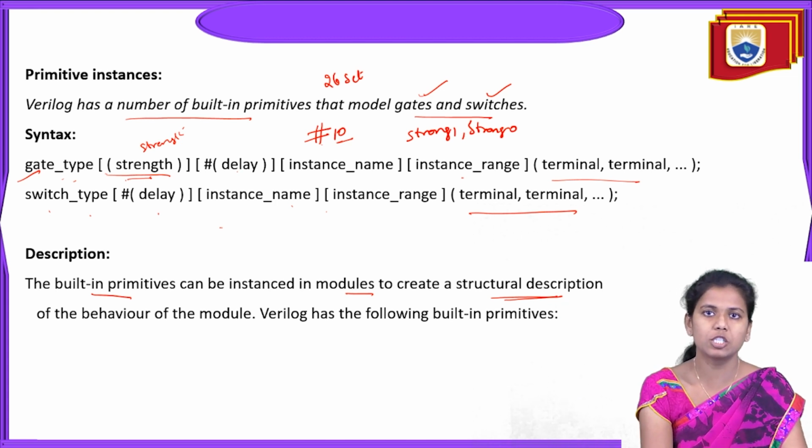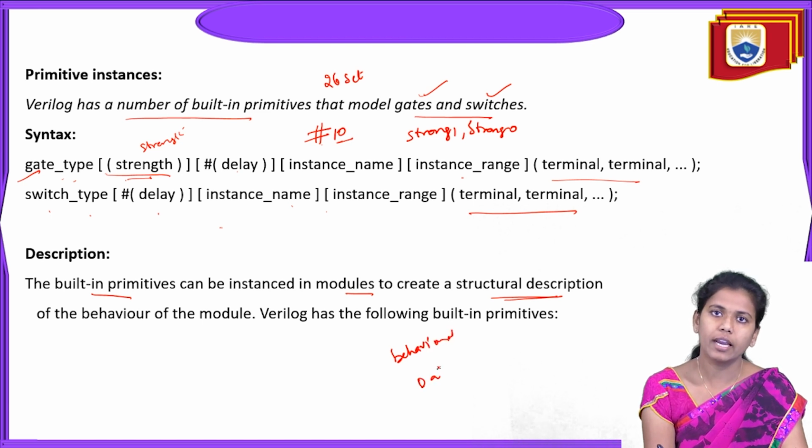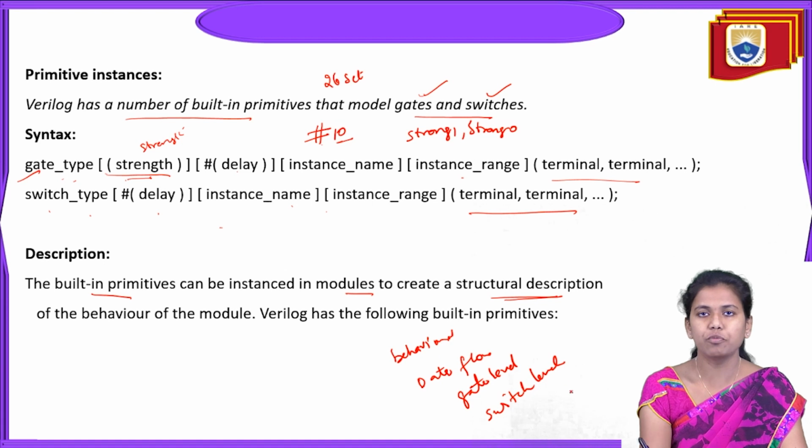As we have discussed previously, we have 4 types of abstractions: one is behavioral modeling, data flow, gate level, and switch level. So these 4 are the modeling styles.